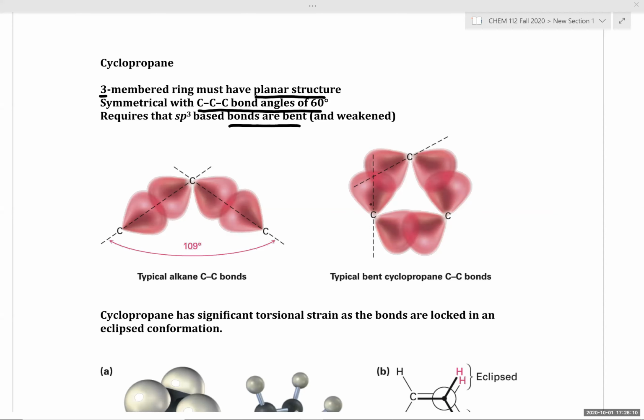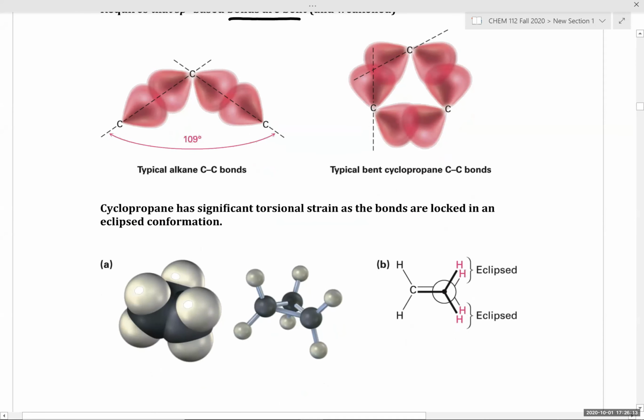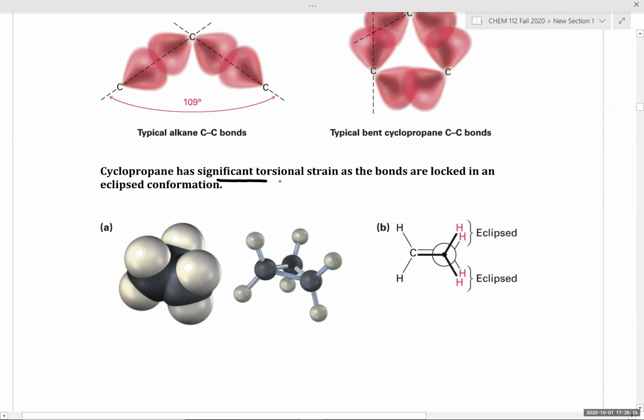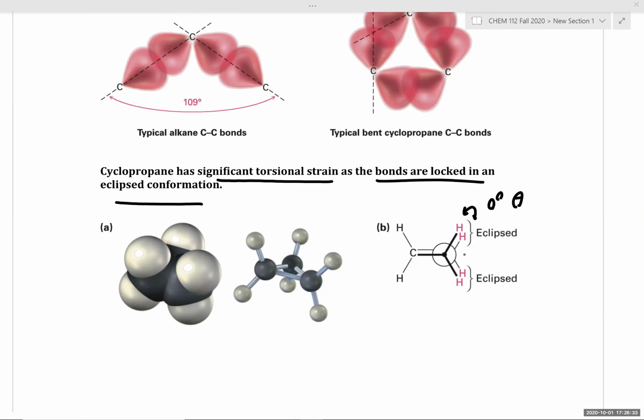Now, as we discussed in our conformational analysis, cyclopropane has significant torsional strain as the bonds are locked in an eclipsed conformation. We have a 0-degree dihedral angle separating our substituents, and as a result, we experience a substantial amount of torsional strain. And this gets worse when you have substituted cyclopropanes. Does this make sense so far?